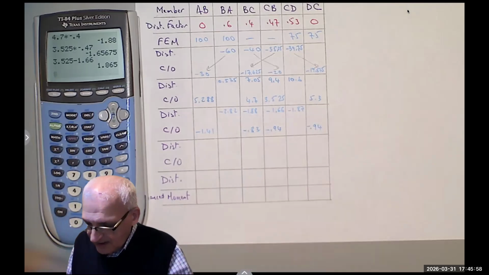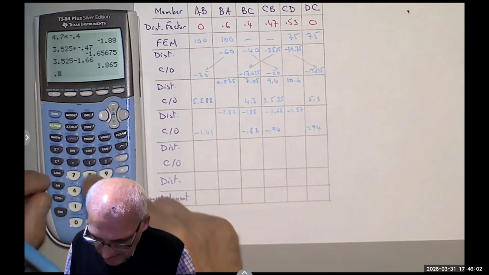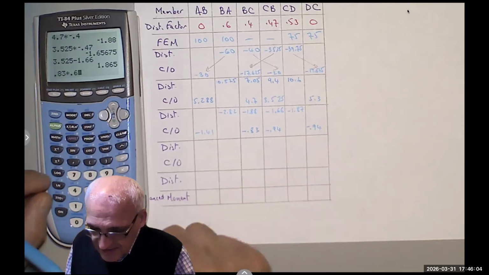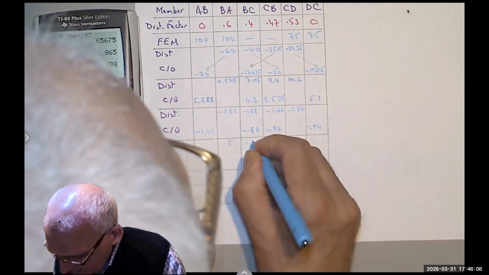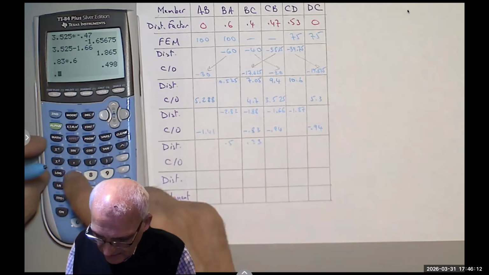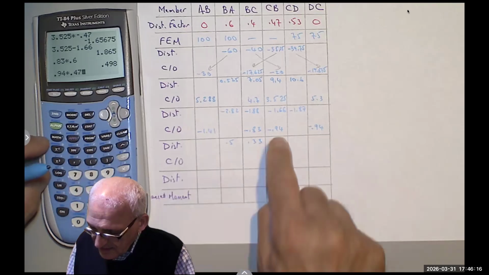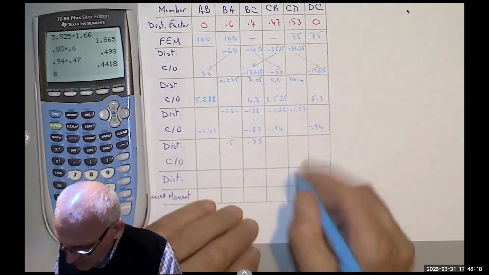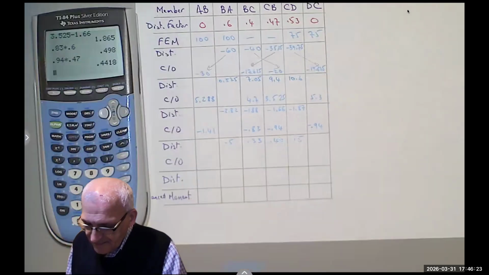And then I'm going to go up another distribution. So the 0.83 times 0.6 is 0.5. So 0.5 and 0.33 roughly. And the negative 0.94 times 0.47, that's twice as much as that, 0.44, and this is 0.5.